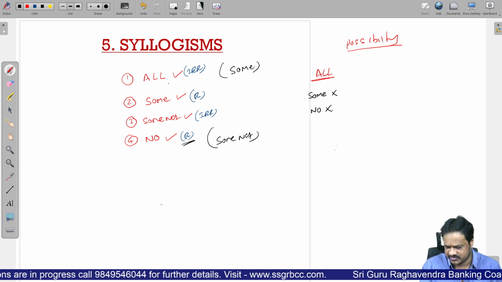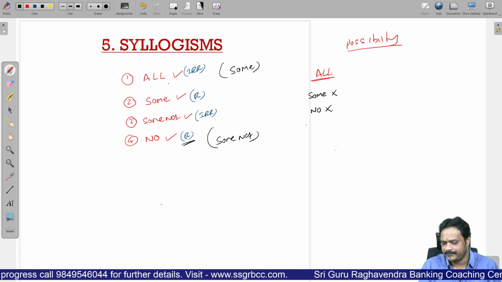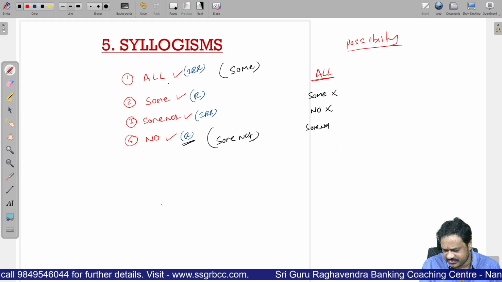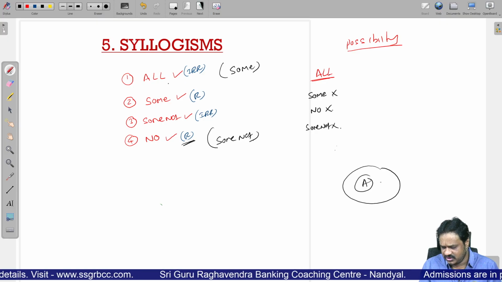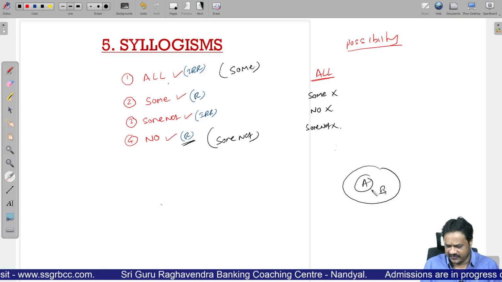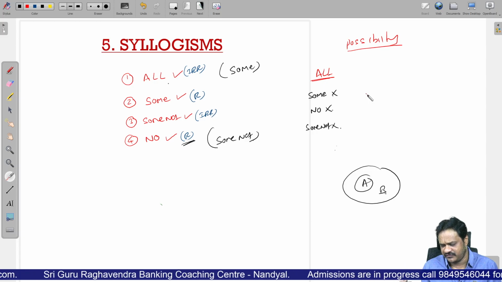No is a possibility will not follow. Some not is a possibility will not follow. For example, all A is B is there. If I am writing some B is A is a possibility, it does not follow. Why? Because some B is A definitely follows.